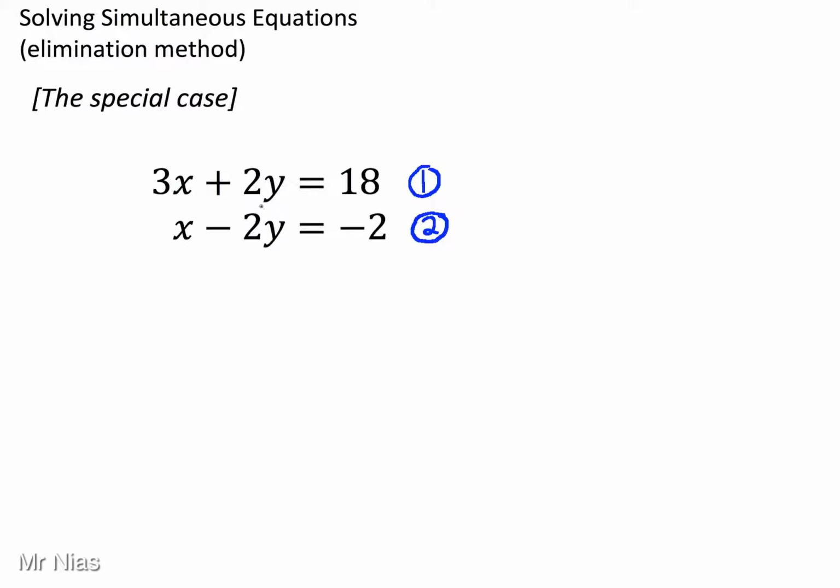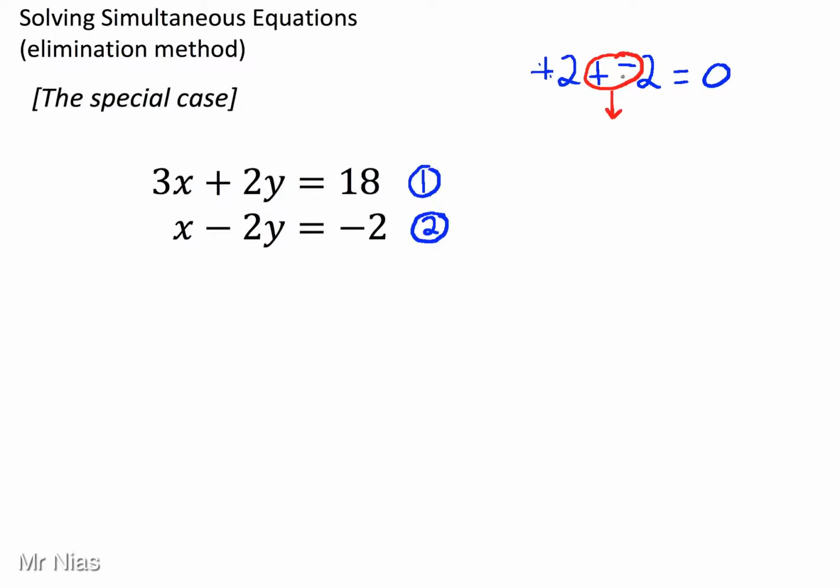Now this is the special case where I need to add my two equations together to make these equal 0. An example of this is if I've got positive 2, like I have there, and I've got negative 2, I need to add them together to make 0. And if you remember from your number work, if I've got two signs next to each other, two signs that are touching, it's too confusing.